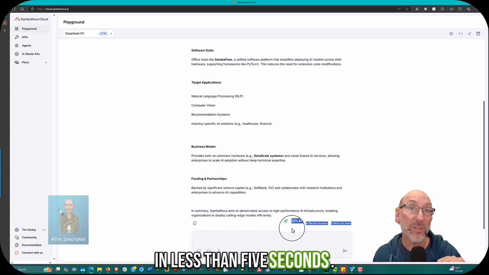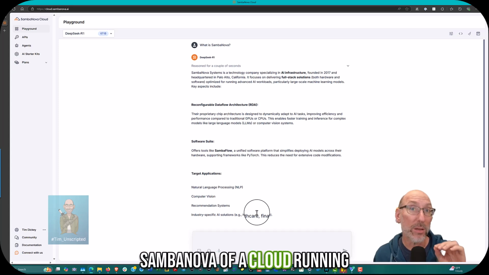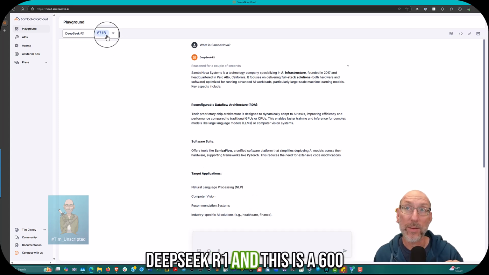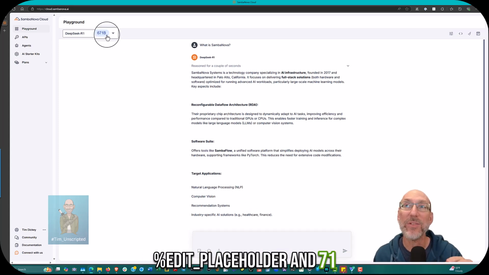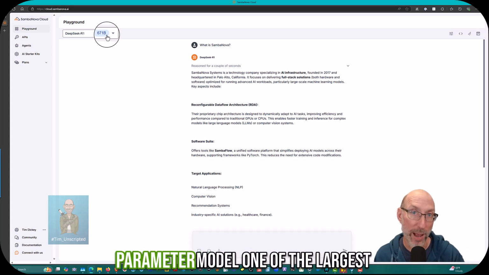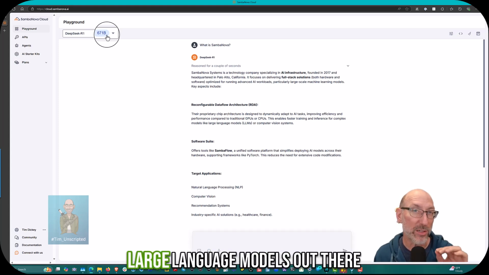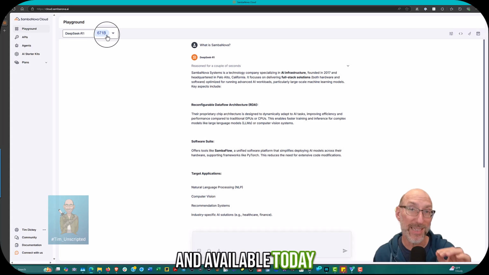So let's get back to the stats here because the metrics matter. In less than 5 seconds, SambaNova Cloud running DeepSeek R1, and this is a 671 billion parameter model, one of the largest large language models out there and available today.